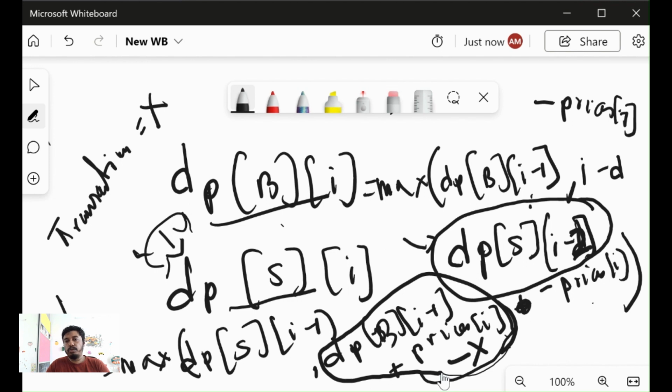Next, what I'm going to show is how we can modify this recurrence relation to handle the case where we are allowed to do at most k transactions. So k can be anything from 0 to n minus 1, and I can do at most k transactions and have to find the maximum profit that we can make out of that.